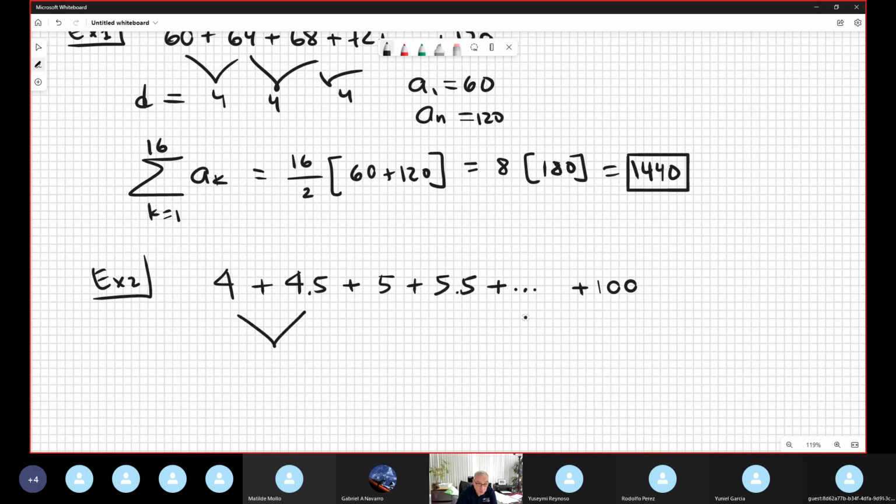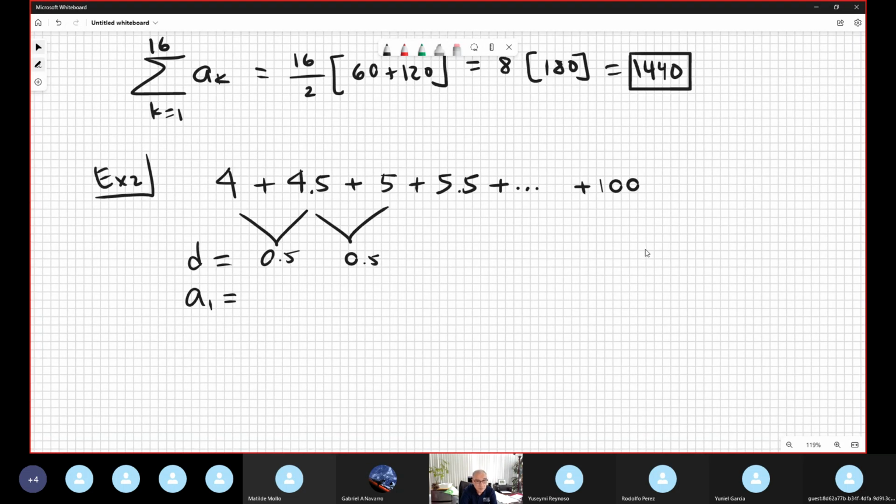Now subtract this, 4.5 minus 4. 0.5. This is the common difference. Who is A1? 4. The first one. And who is the last one?